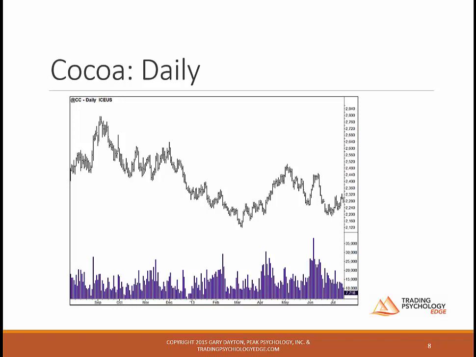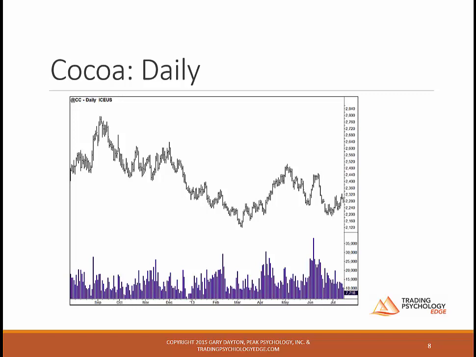So does this chart look bullish or bearish to you? I got a bunch of bearishes, a couple of bullish, ranging, bearish, yeah, a couple of folks say bullish.